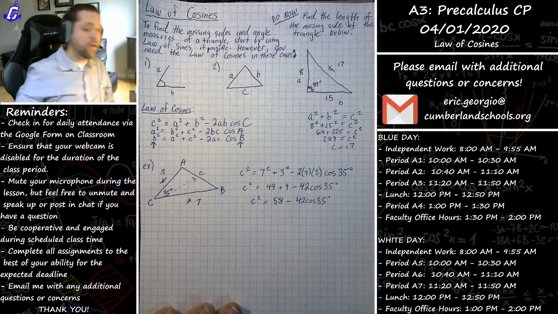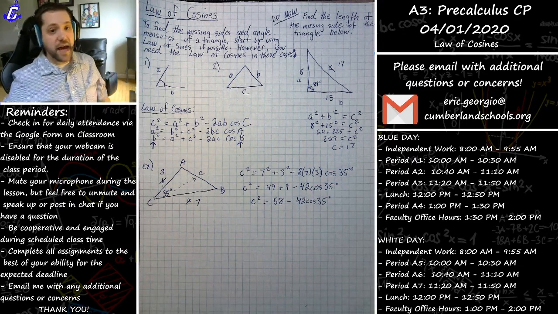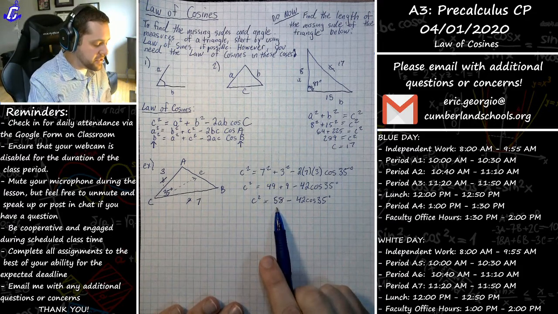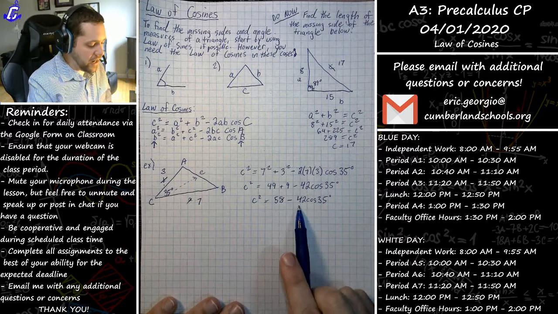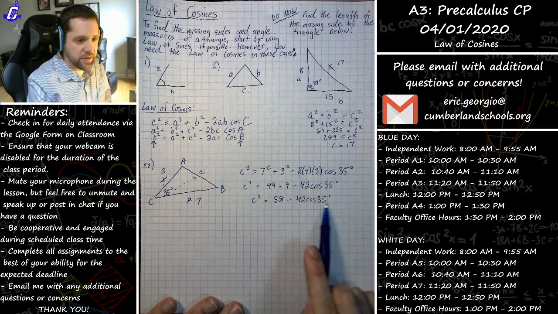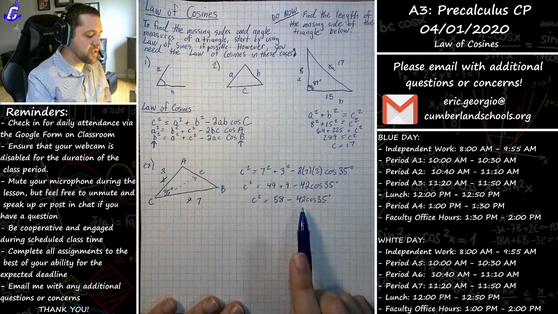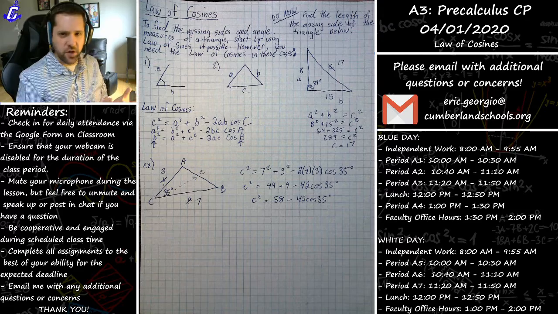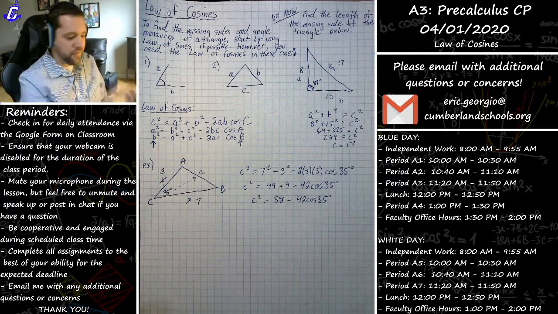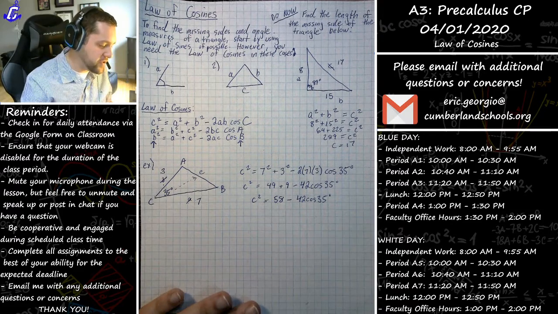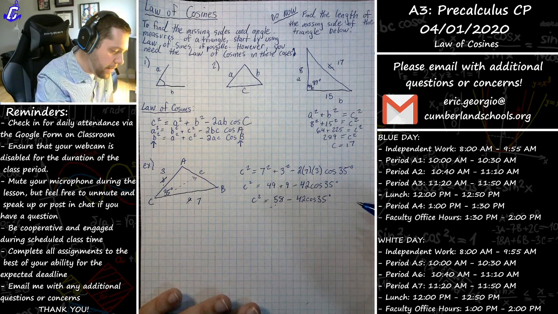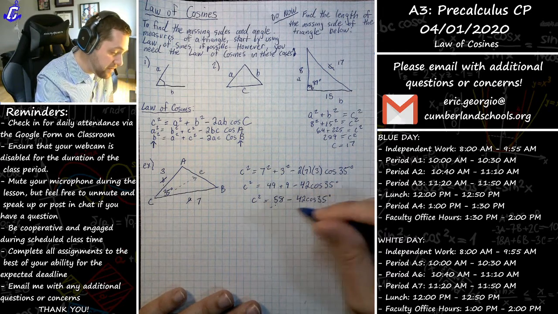A very, very common mistake here, and this happens in Algebra 2 as well when we deal with radicals: a lot of people are tempted to take this 58 and subtract the 42. But remember, this 42 is stuck to this value of cosine. It would be just like if you said 58 minus 42x. You wouldn't combine those like terms, right? You wouldn't detach the 42 from the x. And the same thing is true here. So let's go ahead and isolate that, maybe by plugging this into a calculator, right?